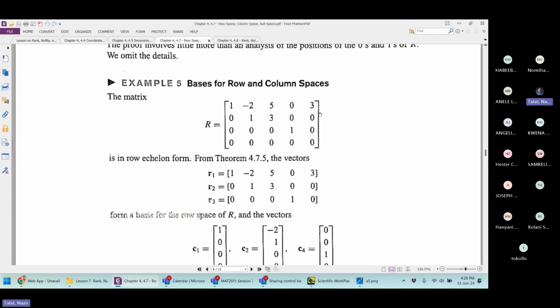So it means that only three rows are independent of each other, and one can see that R1, R2, R3 is the basis of a row space, because if these three rows are sufficient to generate the first three or four rows. The rows of a matrix can be generated with these three rows R1, R2, R3.